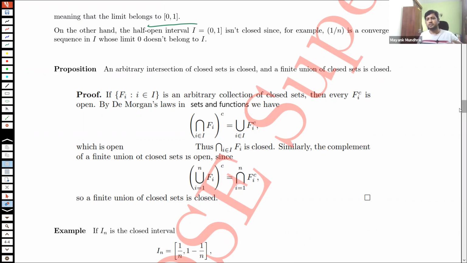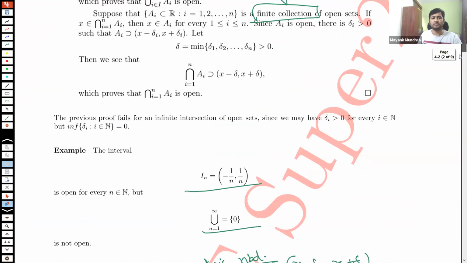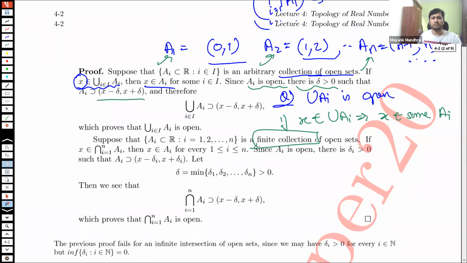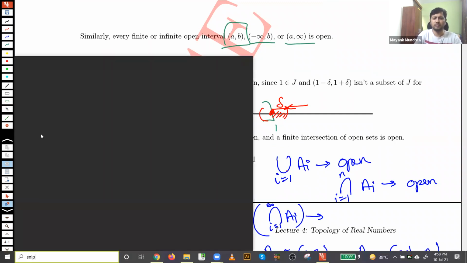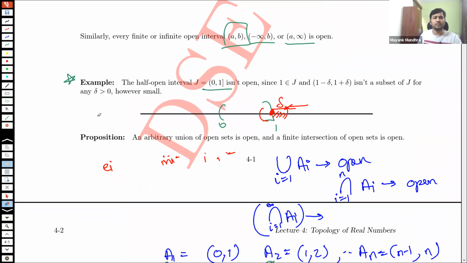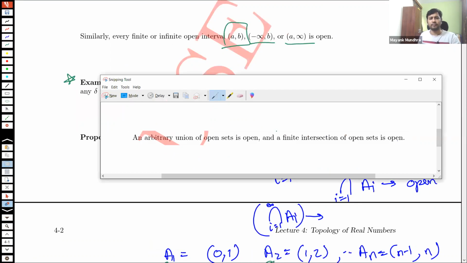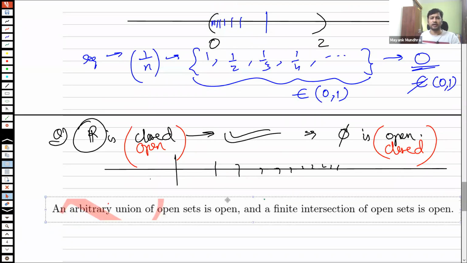Okay, so let's compare these two propositions. The first proposition was, where is that? First proposition. So this was the first proposition that we had.